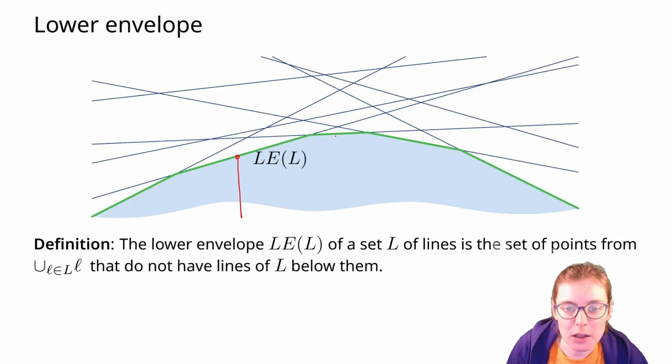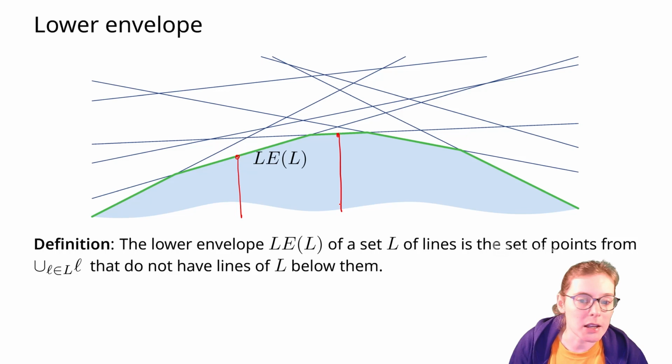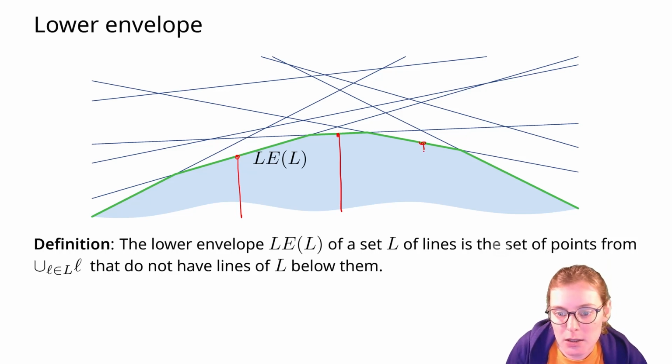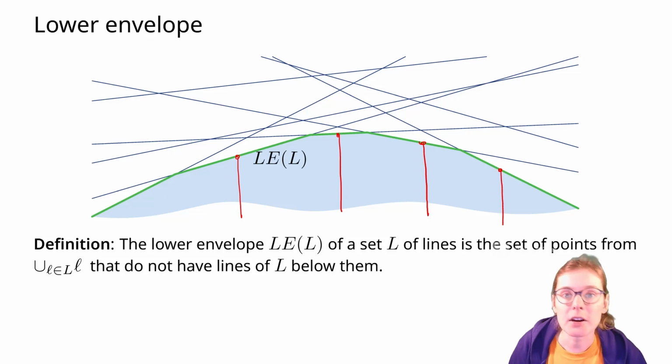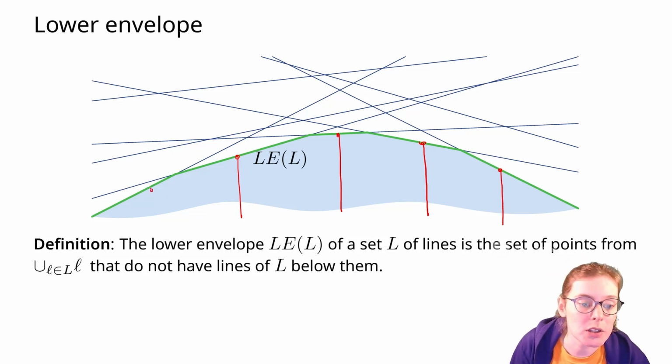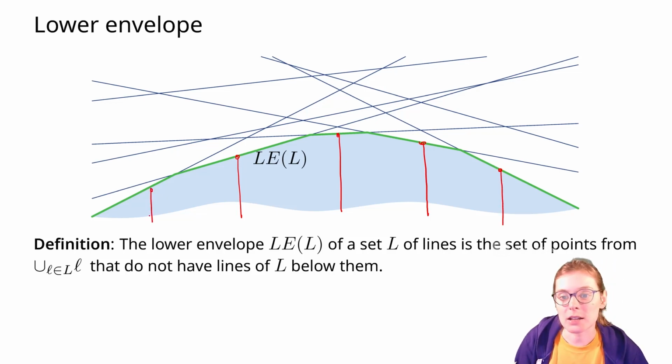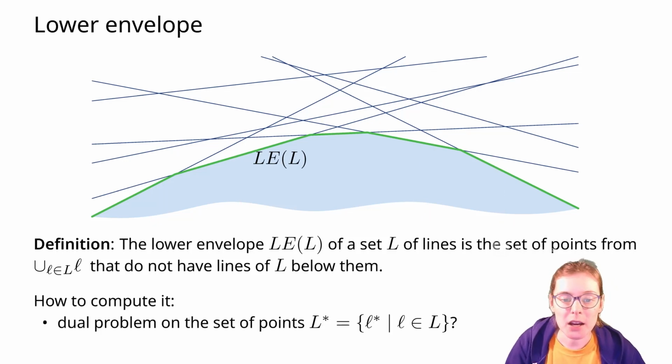So in green here is denoted the lower envelope of the lines, and what I'm drawing is that from every point on this lower envelope, if I draw a vertical ray downwards, it will not intersect any of the lines.